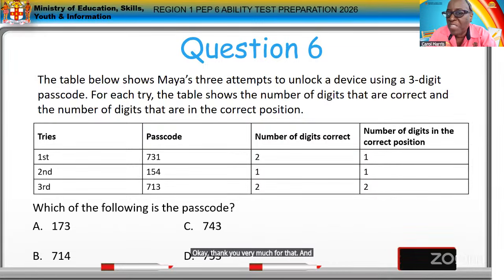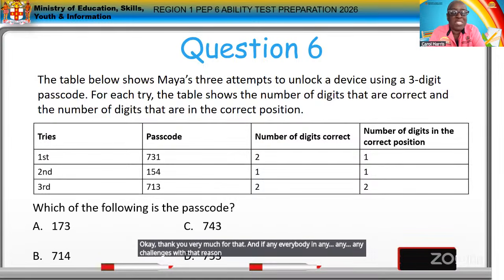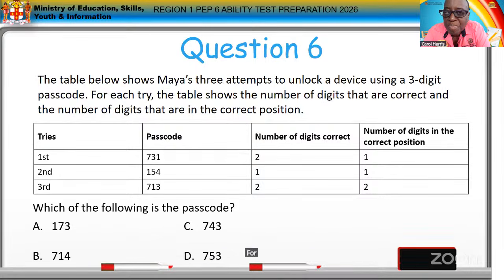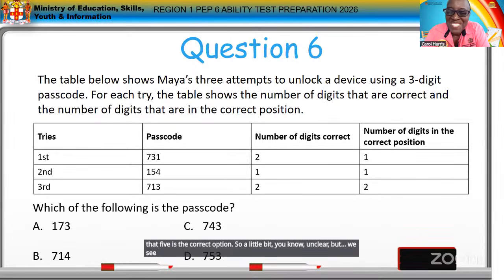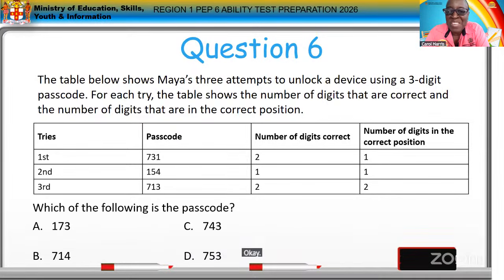Are there any challenges with that reasoning from Miss Robinson's student? So one thing she didn't say is how she decided on the 5 as the correct option. So a little bit unclear, but we see her response. Okay. Let me see. Anyone use another approach?